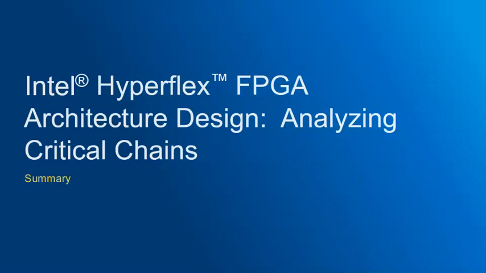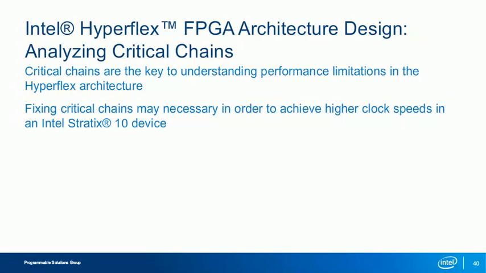This concludes the online training, Intel Hyperflex FPGA Architecture Design, Analyzing Critical Chains. In summary, from this material, you can see that critical chains are an important aspect of Intel Hyperflex architecture performance analysis, as they are the key to understanding your performance limitations with respect to retiming.